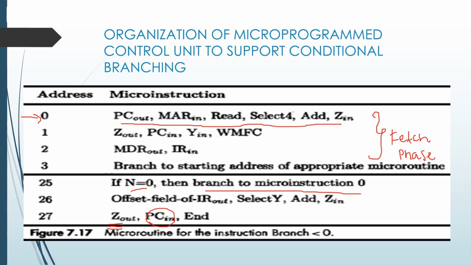Otherwise, the next instruction at location 26 will be executed in order to put the branch target address into register Z. So if the condition n is equal to 0, go to address 0, else execute the next instruction at location 26 to put the branch target address into register Z.